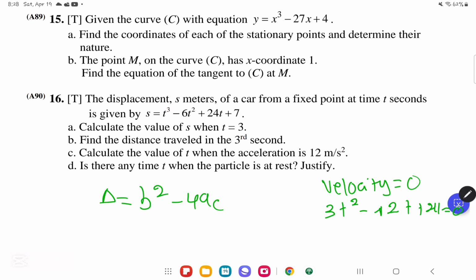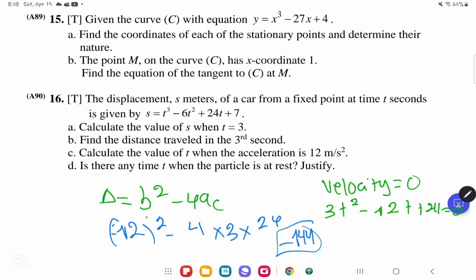However, if you do it with the discriminant method, it's going to be b squared, which is minus 12 squared, minus 4 times a, which is 3, times 24. Put it on your calculator, and do not forget the brackets for minus 12 squared, they're very important. You're going to get a negative number, which is minus 144.